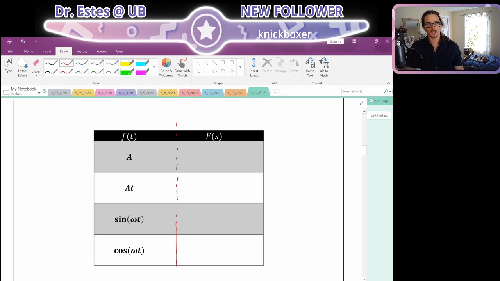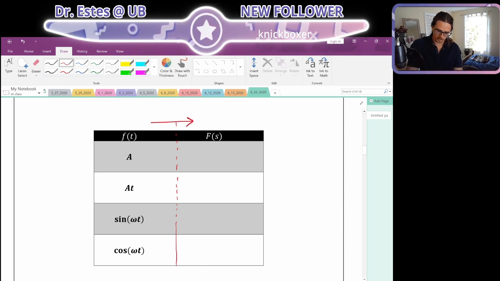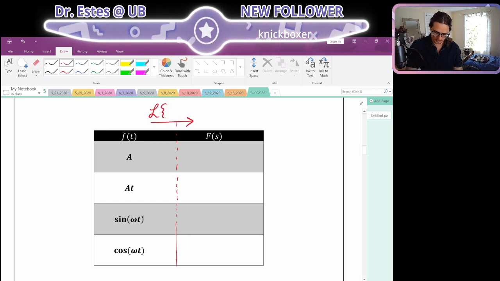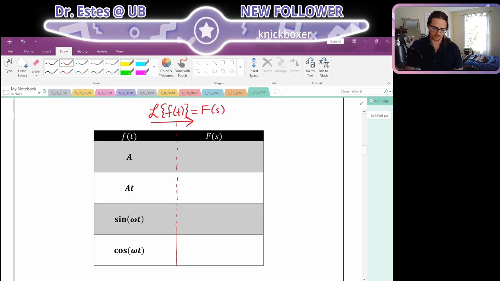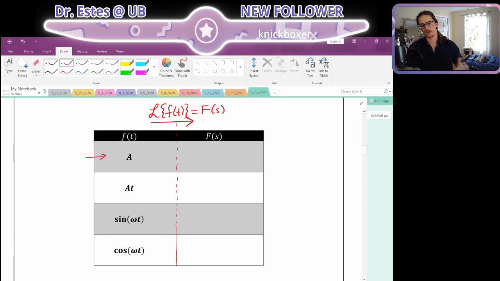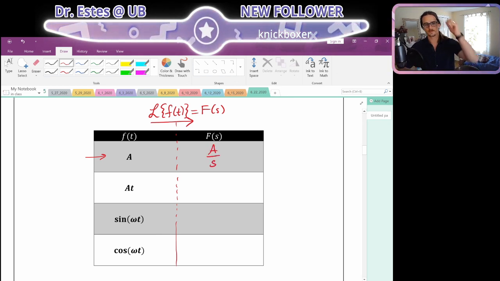So here on the left, we have functions of time, and if you take the Laplace transform of that function of time using the definition above, it gives you F of s. We just did that for this first one, where f of t was a for t greater than 0, and F of s is a over s.